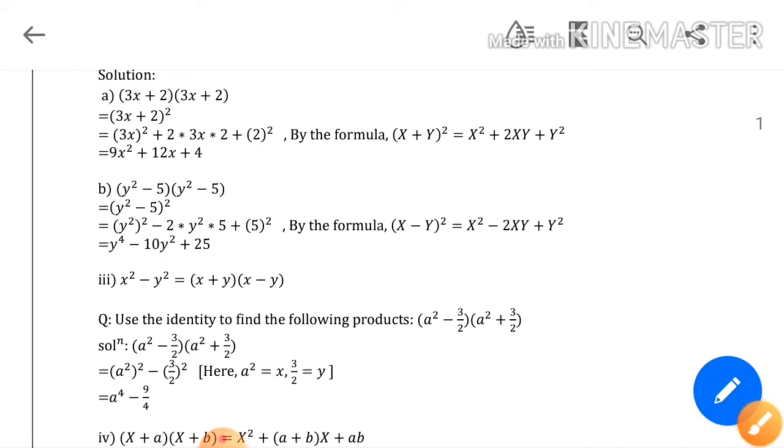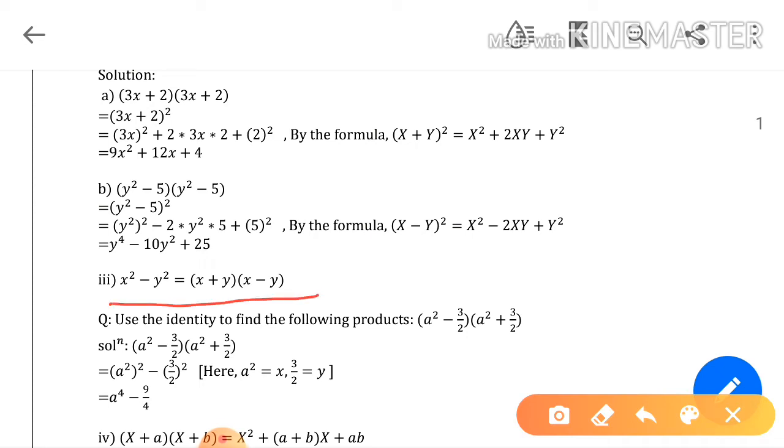Next we will learn the formula x square minus y square equals (x + y) into (x − y). This formula also we have learned before, and we will take a question on it. The question is (a square − 3 by 2) into (a square + 3 by 2). We have to find the product of this expression.